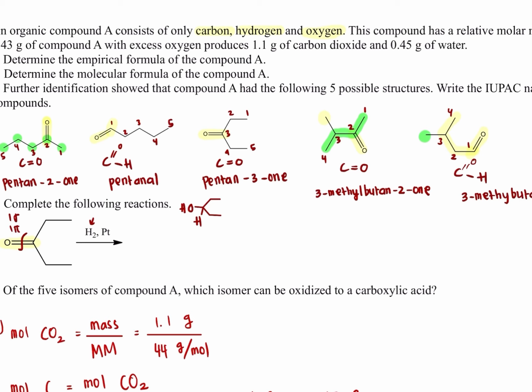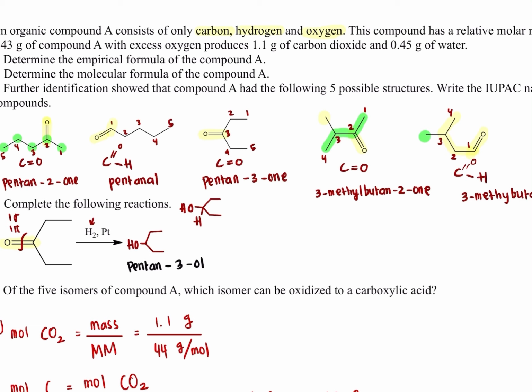Now if we have to write down the correct structure using the line structure, if I have to draw the structure of the result, the product, so this is basically the product. And the name, if I have to give the name, just giving the number, 1, 2, 3, 4, so 5. So this is pentane-3-ol. So this is 3-pentanol or pentane-3-ol.